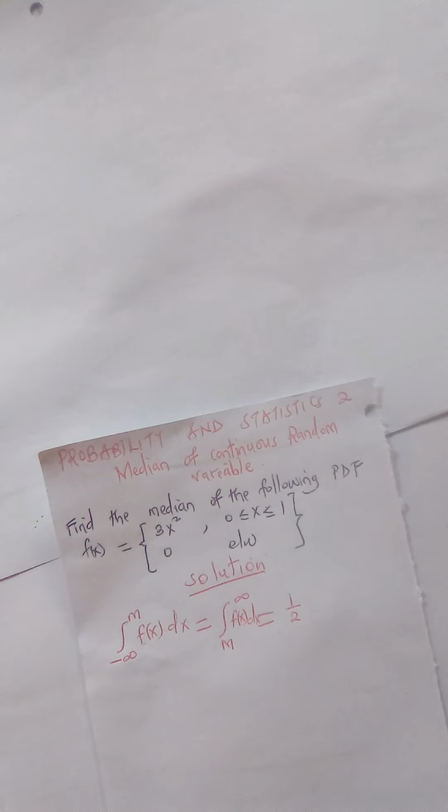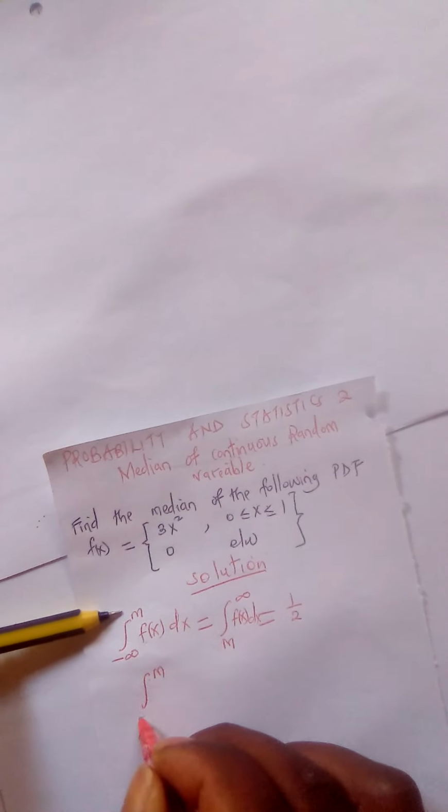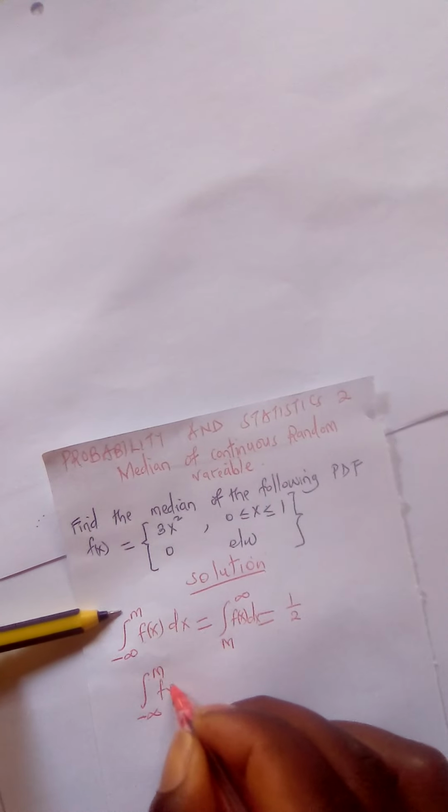Now in case we want to use the first one, the first one is the integration from negative infinity to m of f(x) dx equals a half. I want to use this so that you will apply the same on the second approach. The answer will be the same.